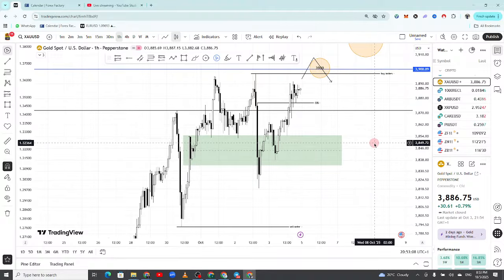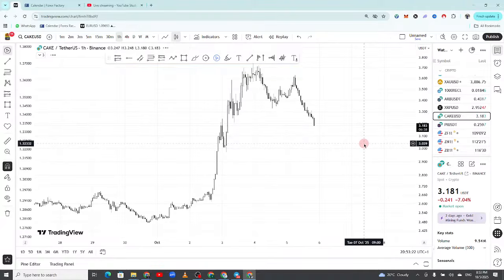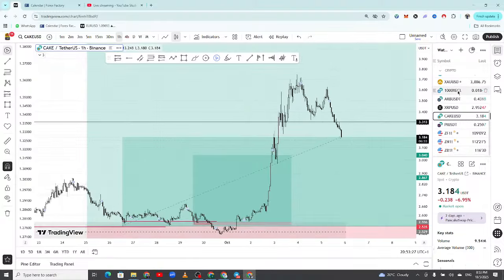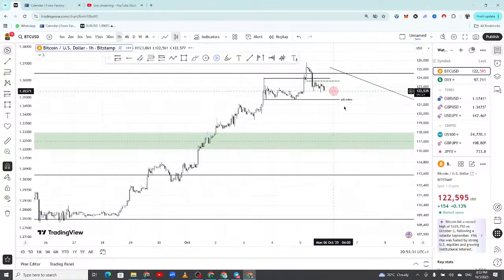Okay, you trade Solana, Avex, Cake, BTC. I actually had some longs on Cake USDT. I was still expecting it to move higher, but it's retracing. I think this retracement is because of BTC that is also trying to drop lower.